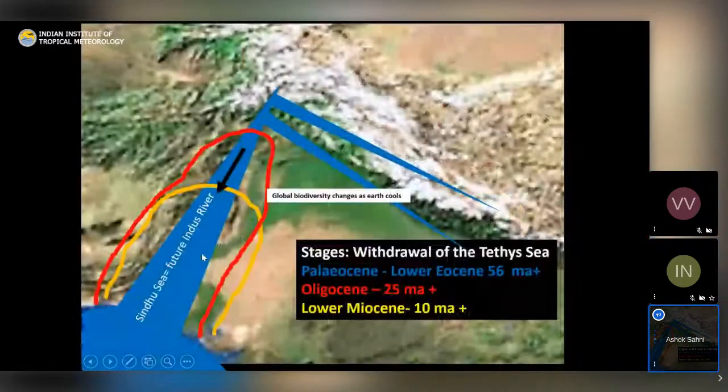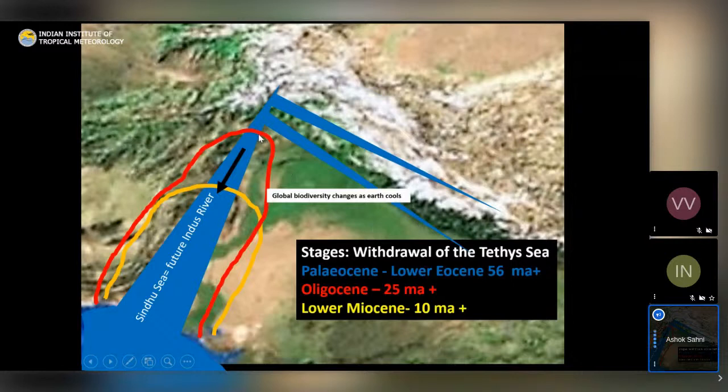So when India collided with Asia, there was still a part of the ocean that was left. You have two arms of the ocean that we consider possible around 56. One is an arm of the sea that goes through Ladakh. Another is an arm of the sea that goes along the foothills of the Himalayas.